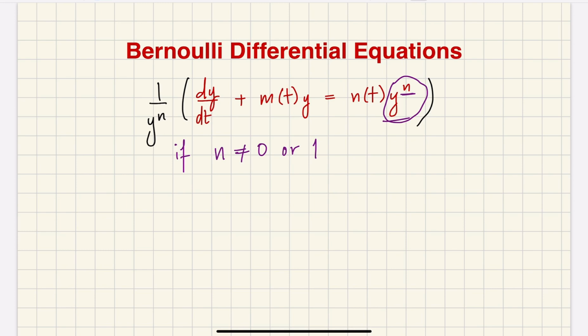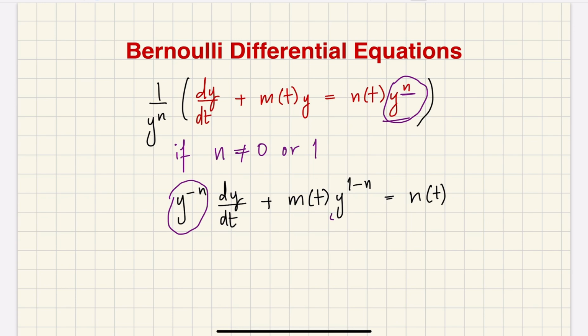So we get y to the negative n dy over dt plus m of t times y to the power 1 minus n is equal to n of t. Okay, now y to the power negative n and y to the power 1 minus n are something that we have not seen in solving first order differential equations.